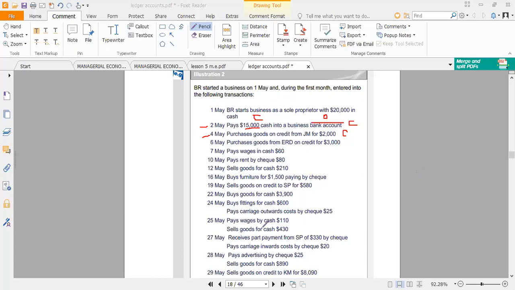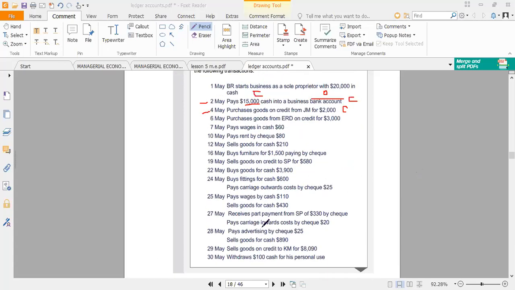Now we can go so that we understand what each of these accounts will entail. So May 3, we have purchases, goods from ERD on credit for 3,000. So we have 2 accounts, a purchases account and the ERD account, who is a creditor.